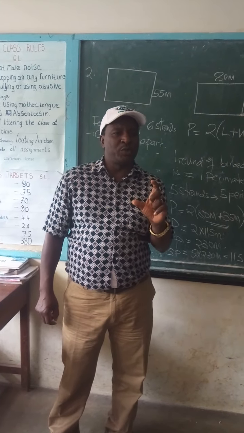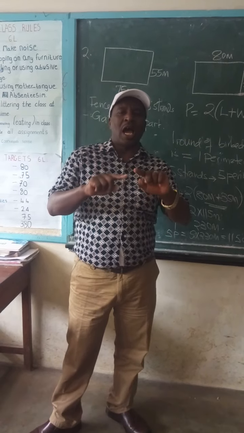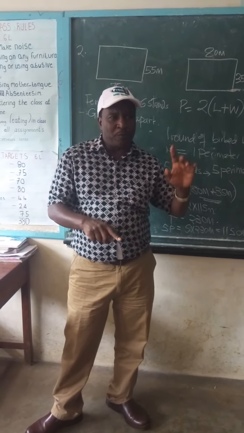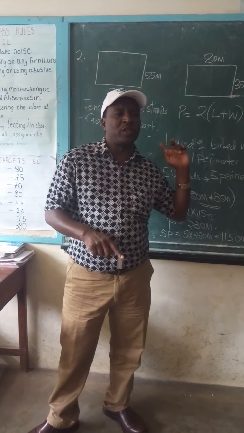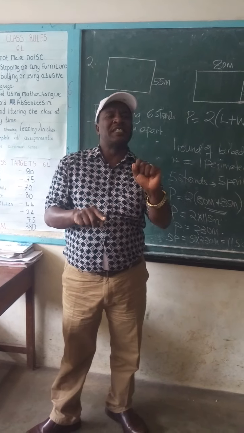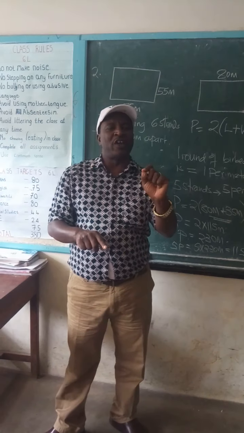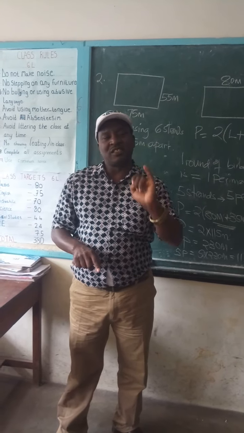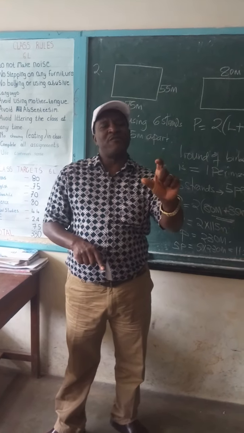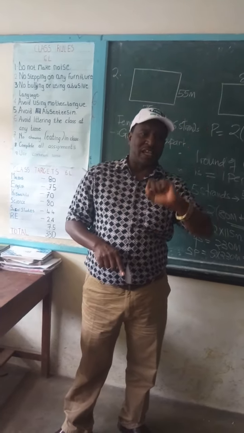But all the same, what we need to know is that our total perimeter for the area that we are talking about will miss 5 meters. One strand will miss 5 meters. So when it is 6 strands, it is going to miss 5 meters times 6.